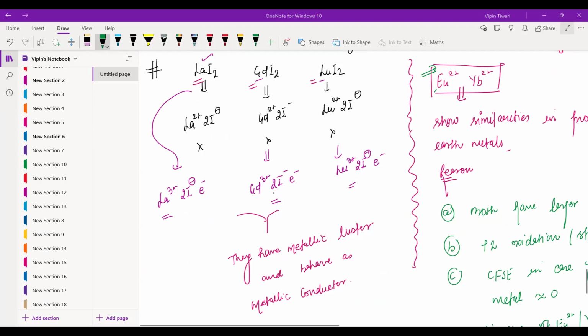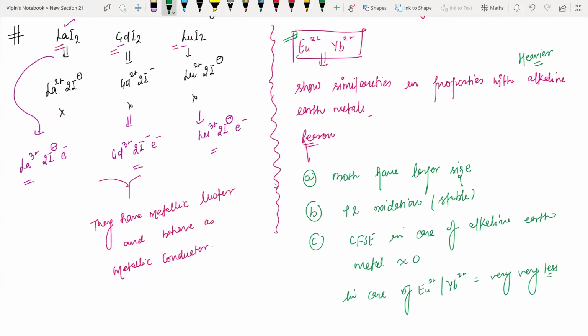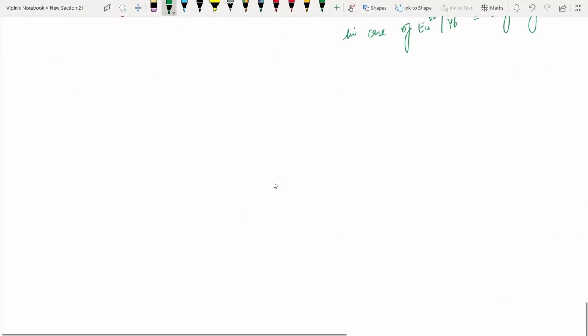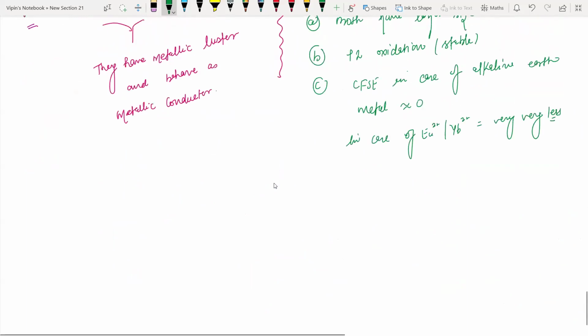Now, this is all about the plus 2 oxidation state of lanthanides. We have seen the stability of the plus 2 oxidation state. We have seen the reducing power of the plus 2 oxidation state. We have seen the similarities in properties of the lanthanides, that is Eu2 plus and Yb2 plus, along with the alkaline earth metals.